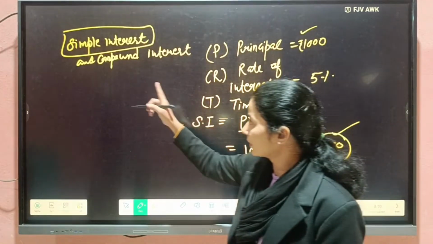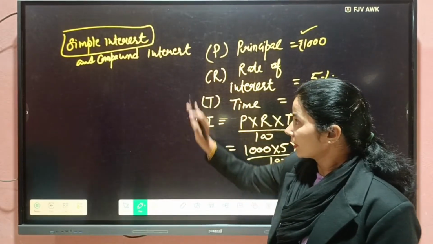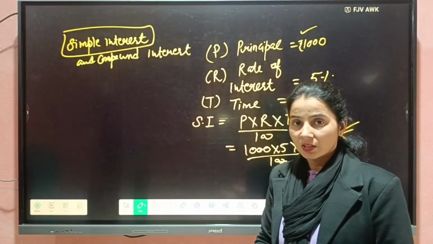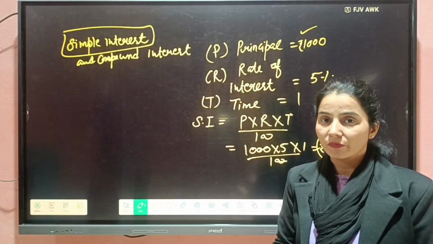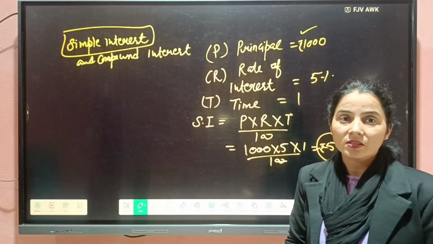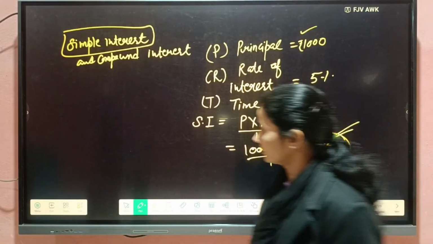What is the difference between simple interest and compound interest? In simple interest, first year you will get 50 rupees as interest. Second year also your interest will be 50 rupees. Third year also your interest will be 50 rupees. That is simple interest. And what is compound interest?